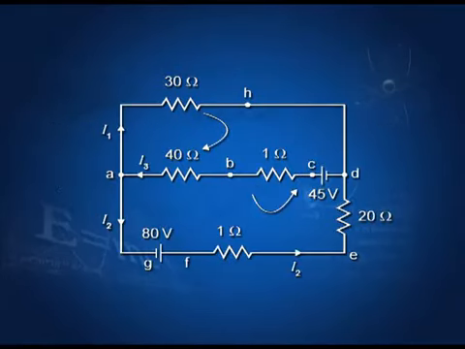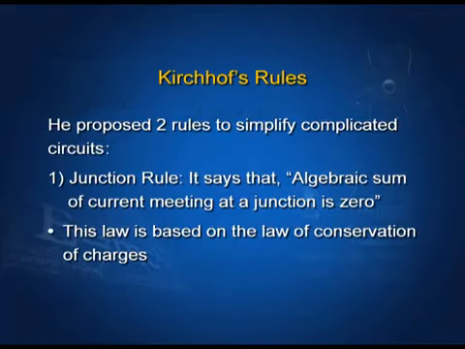Here is a diagram which shows that the current coming towards the junction O is I1 and I2 and current leaving from the junction is I3. So, I1 plus I2 minus I3 is equal to 0. This law is based on the law of conservation of charges, and mathematically we can say summation of I equals to 0.